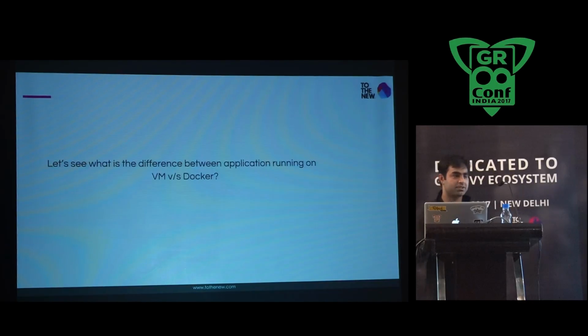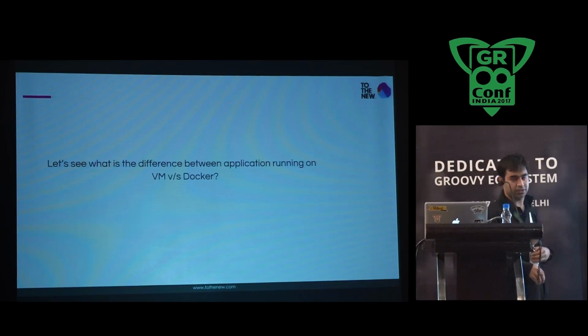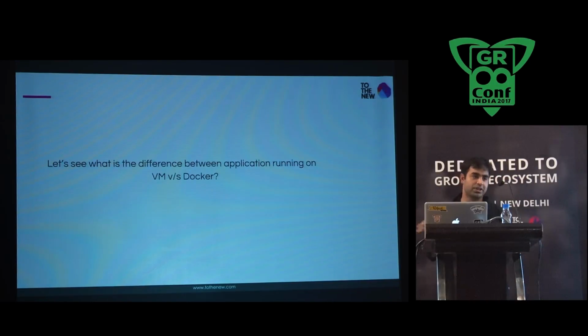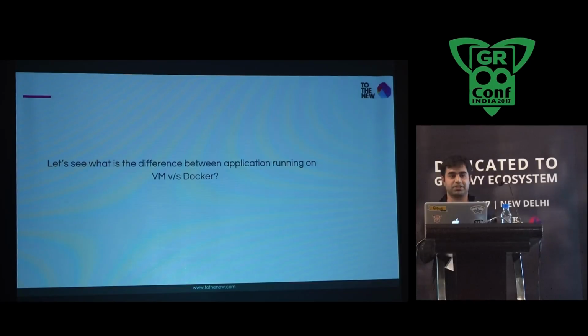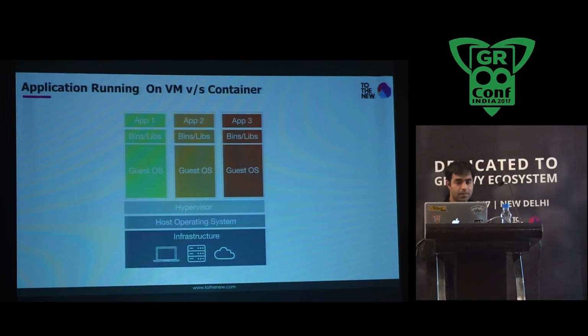Let's see the difference between an application running on Docker and a virtual machine. I'm not saying disadvantages or advantages, it's a difference. So let's see the virtual machine first. You have infrastructure, host operating system, some hypervisor, and this virtual machine image, which also includes a guest operating system, application, and binaries.